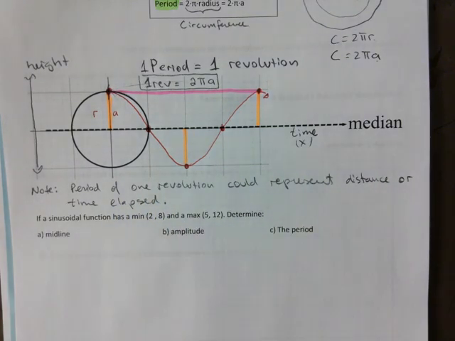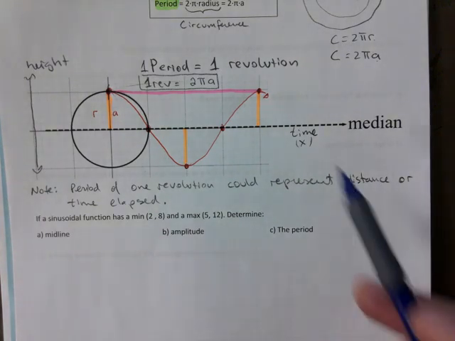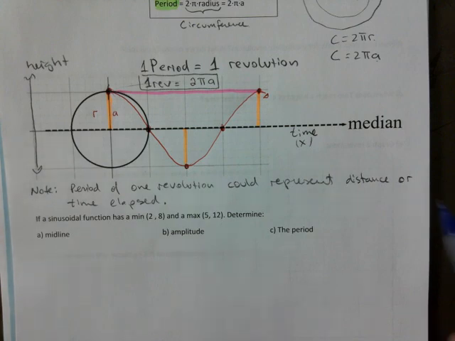Okay, so it depends on the scenario. Is it time, or is the x-axis representing distance traveled? So you got to make sure you just keep that in mind. Okay?